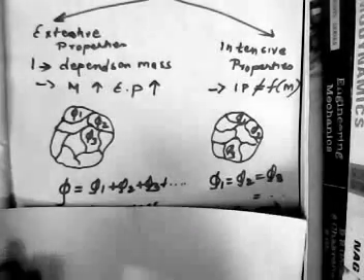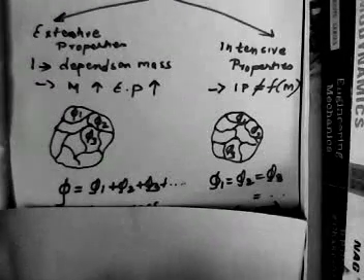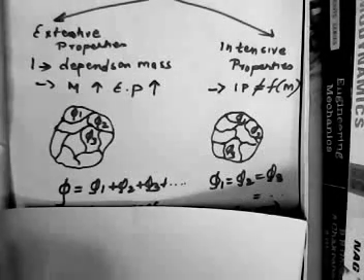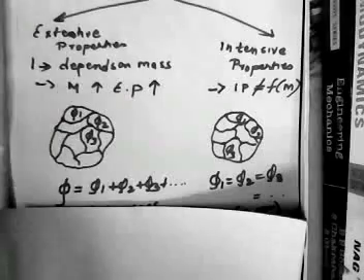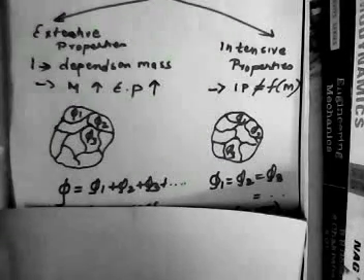If the property phi in every region is equal, then this will be the intensive property of that system.